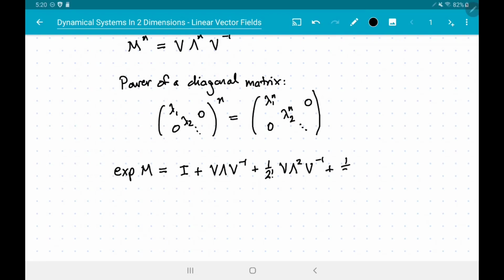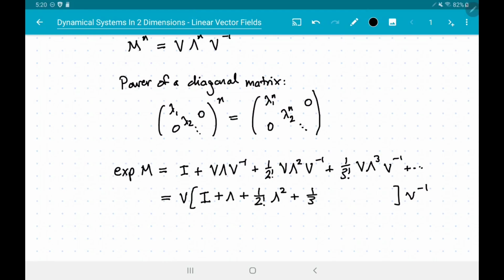The third order term is 1 over 3 factorial V lambda cubed V inverse, and so on. Now you can pull a V out on one side and a V inverse out on the other side, and have I plus lambda plus 1 over 2 factorial lambda squared plus 1 over 3 factorial lambda cubed, and so on.